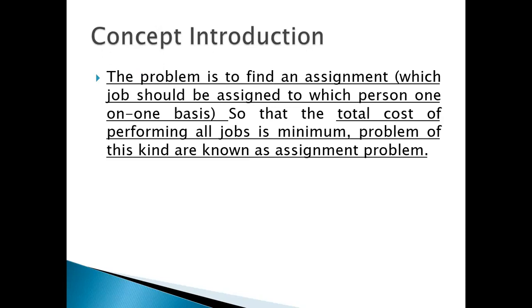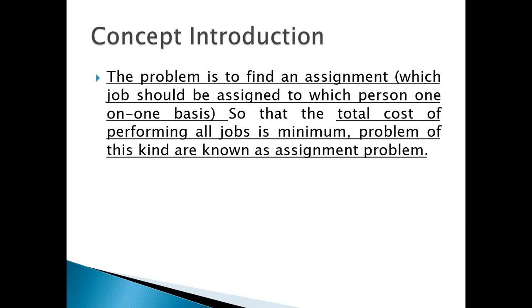Next, what exactly does the assignment problem say? The problem is to find which job should be assigned to which person on a one-to-one basis. By doing so, we are able to control the total cost of performing all the jobs so that it is minimum.